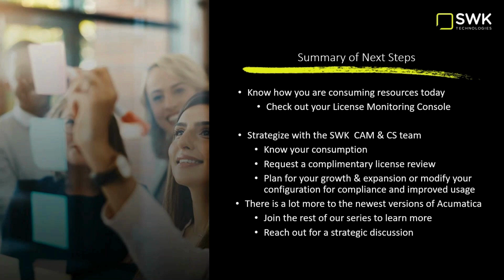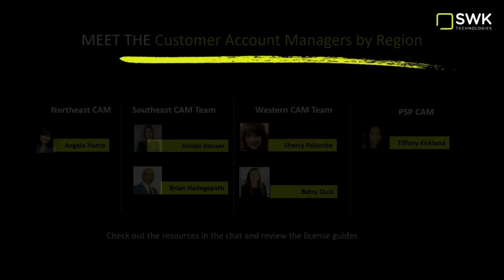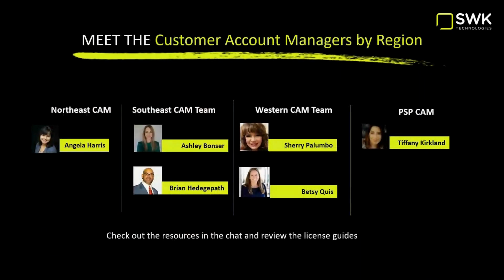But there's a lot of new features in Acumatica in addition to all this improved performance. So you can join the rest of our series to learn a little bit more about that, or just reach out for a strategic discussion. Again, your primary point of contact is going to be our customer account managers, and there will be resources that Courtney's going to talk about here that are available in the chat. So Courtney, turn it back to you.